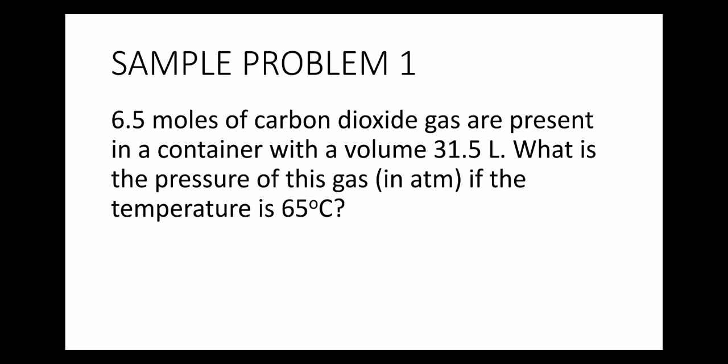Now, let's have an example problem. 6.5 moles of carbon dioxide gas are present in a container with a volume of 31.5 liters. What is the pressure of this gas in atm if the temperature is 65 degrees Celsius? So let's solve.